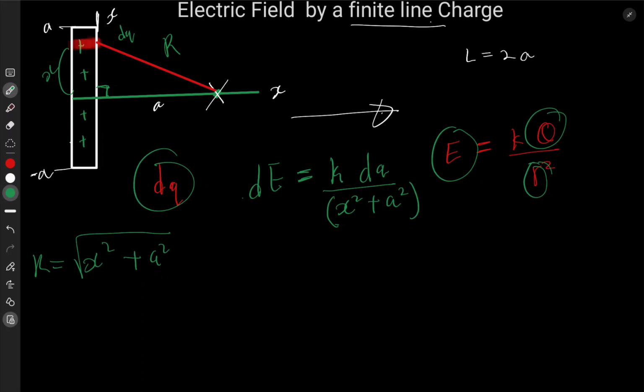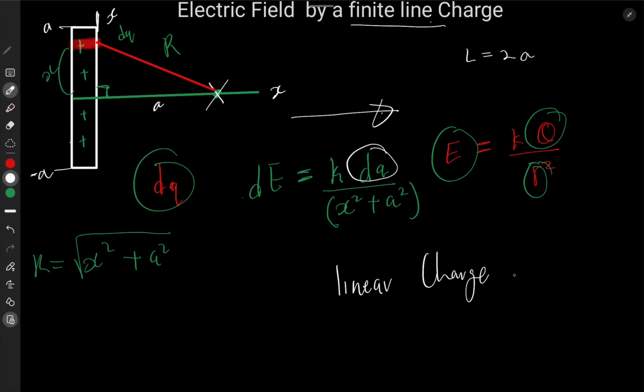Also what is important is that when I'm talking about the small charge, the dq here, we need to get a proportion of the dq toward the whole line. So we have something called linear charge density, to take note of this one.